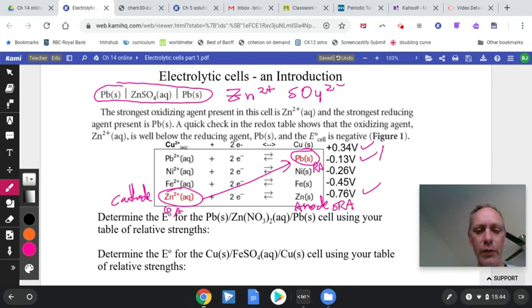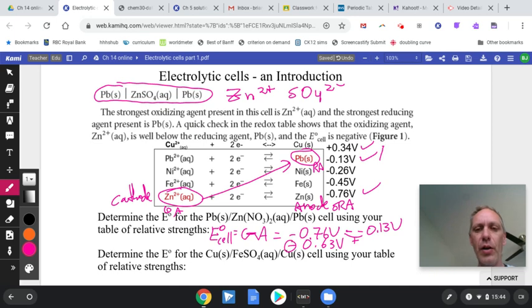So cathode minus anode for our cell potential is negative 0.76 volts minus negative 0.13 volts, which works out to be, so that becomes a positive, and that becomes negative 0.63 volts.